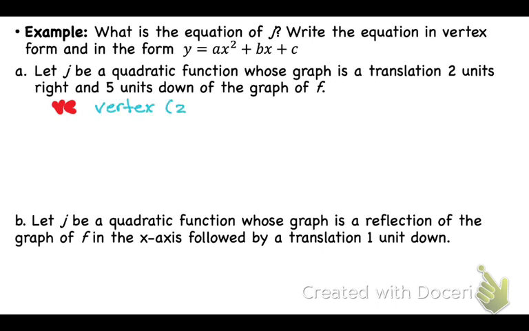So the vertex is 2, negative 5. Does it say wider, narrower, or anything? No. So it'd just be y equals x minus 2 squared minus 5. So you just do it. Okay?